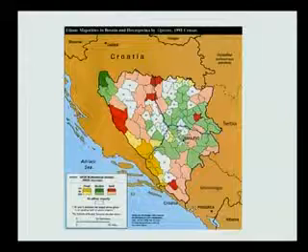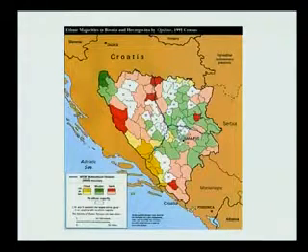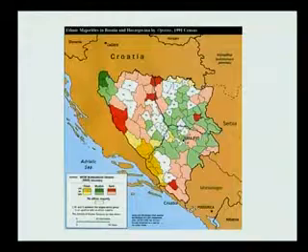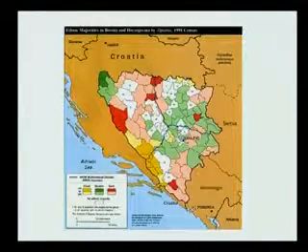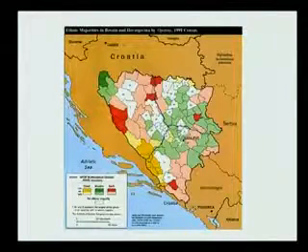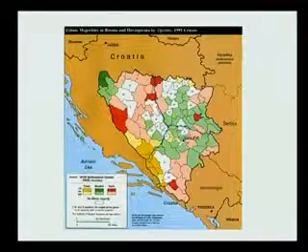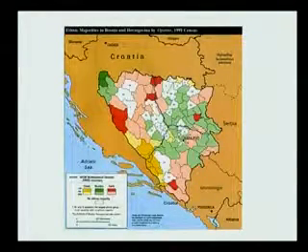The other war that we'll talk about that is significant is the war in Kosovo. And the war in Kosovo, of course, is fought in that southern province of Serbia and pits ethnic Serbs against Kosovo Albanians. And the map that's up on the screen right now, for people who are wondering, is actually Bosnia-Herzegovina in terms of a much more detailed breakdown of the ethnic composition of folks who are living there.